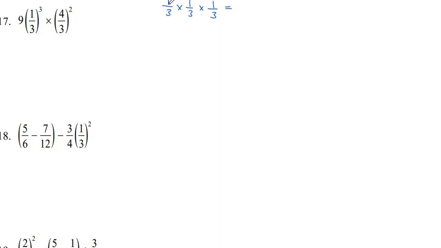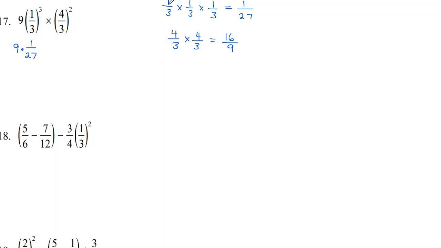So we're going to go ahead and multiply that out. 1 on our numerator. 3 times 3 is 9, times another 3 is 27. So we're going to have 9 times 1/27. And then we have 4/3 squared, which is 4/3 times 4/3, and that equals 16/9. We're going to keep that as an improper fraction.